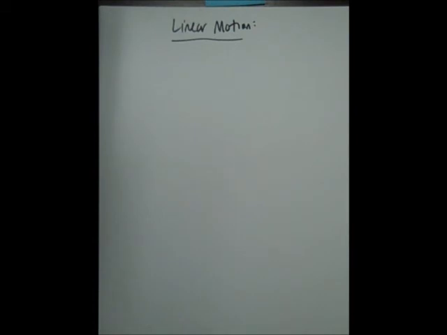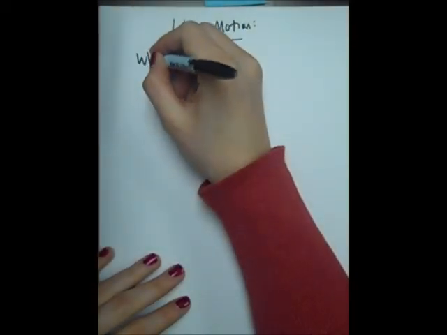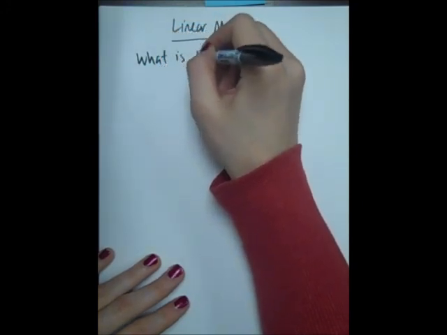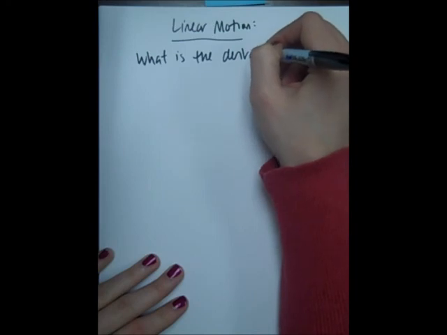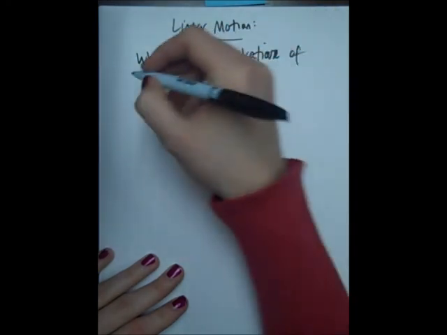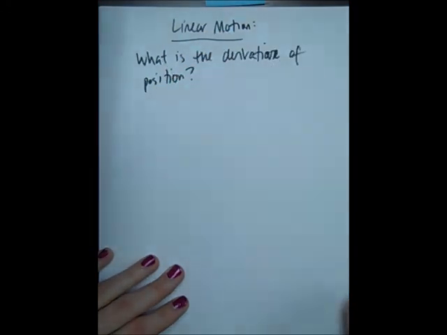What we want to think about, though, is what is the derivative of position? So the important part of linear motion is, what is the derivative of position? Well, let's think about it.